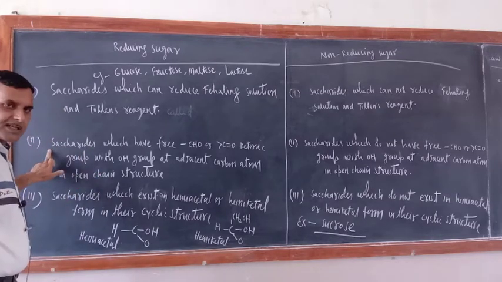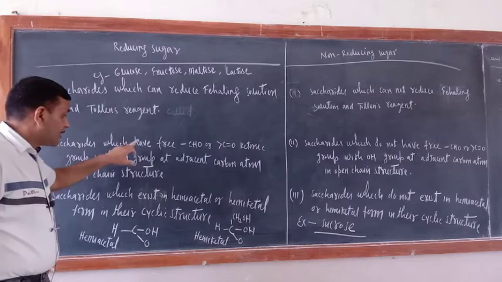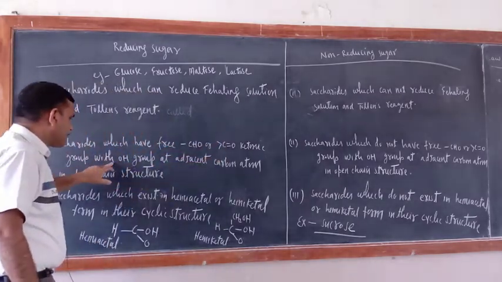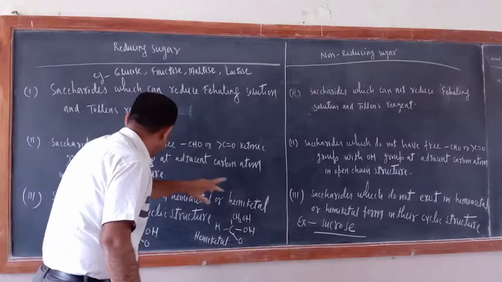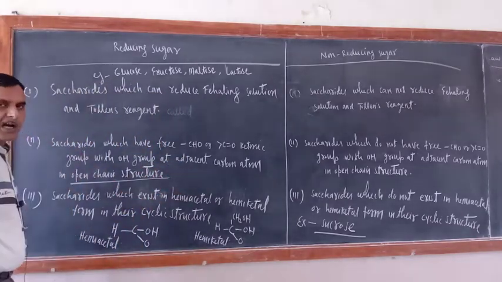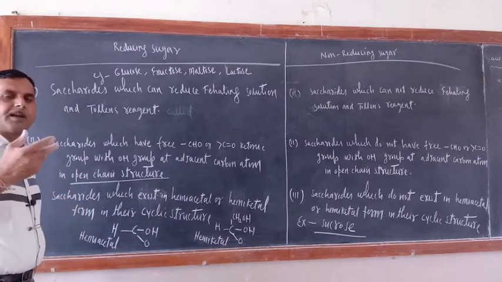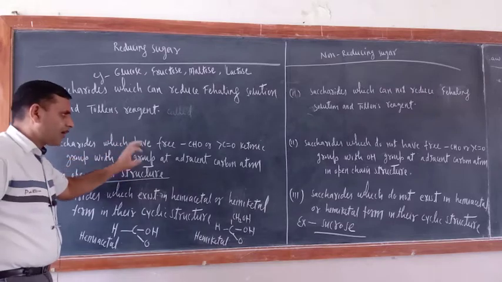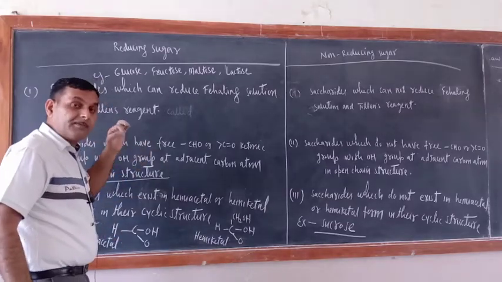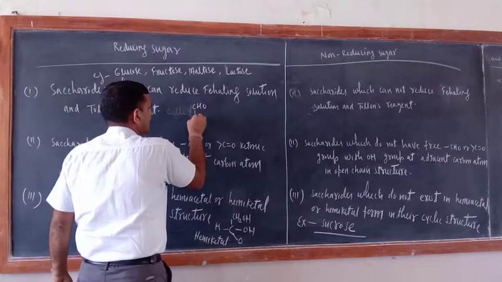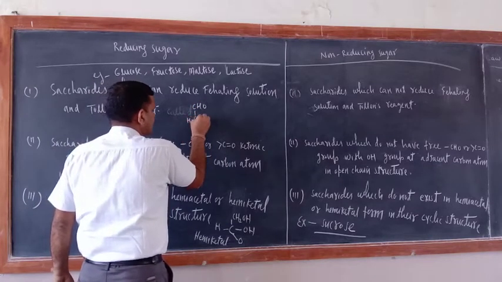Second one is saccharides which have free CHO or ketonic group with OH group at adjacent carbon atom in their open chain structure, they are called reducing sugar, or they will exhibit the property of reducing sugar. Are you getting my point or not? They should have free, just see, suppose glucose I am writing CHO, and here what is there?